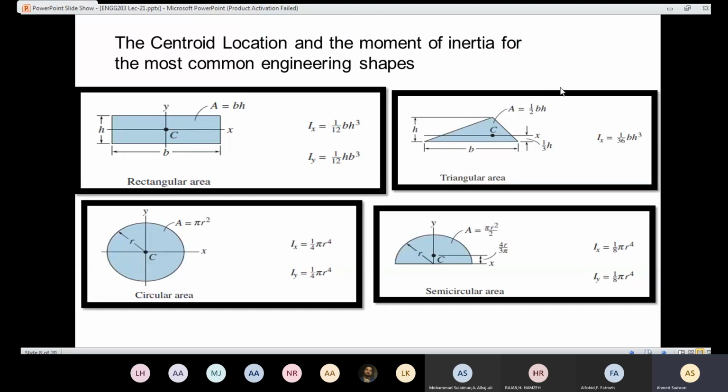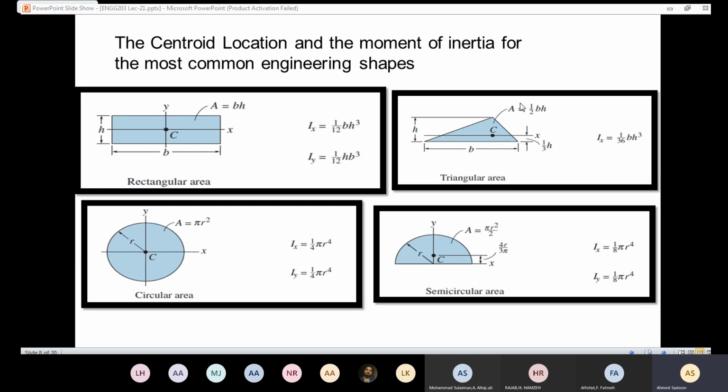Like you can see here, we have the centroidal location and the moment of inertia for the most common engineering shapes. For rectangular area, here is the area, and here is the center of gravity, or the centroid. Here, if I'm going to evaluate the moment of inertia about x axis and y axis, here are the formulas.